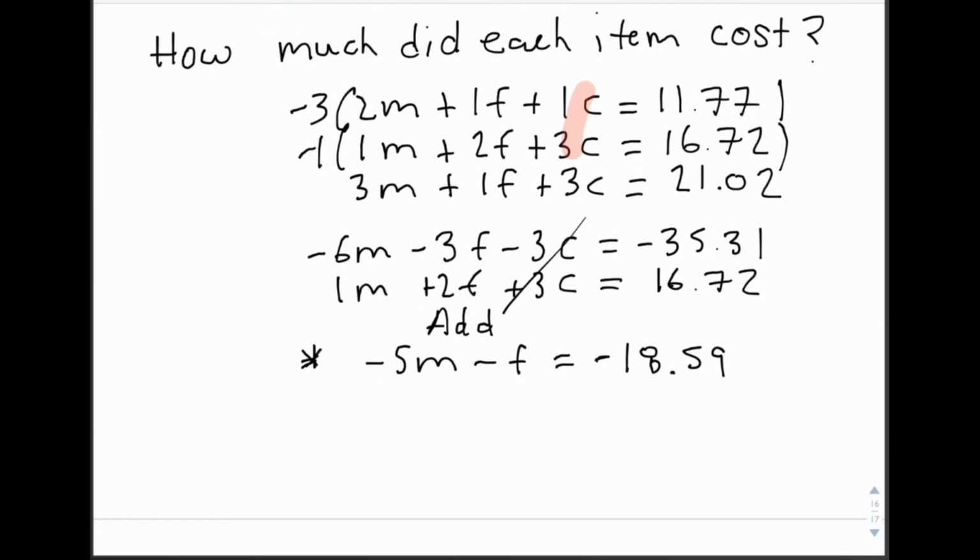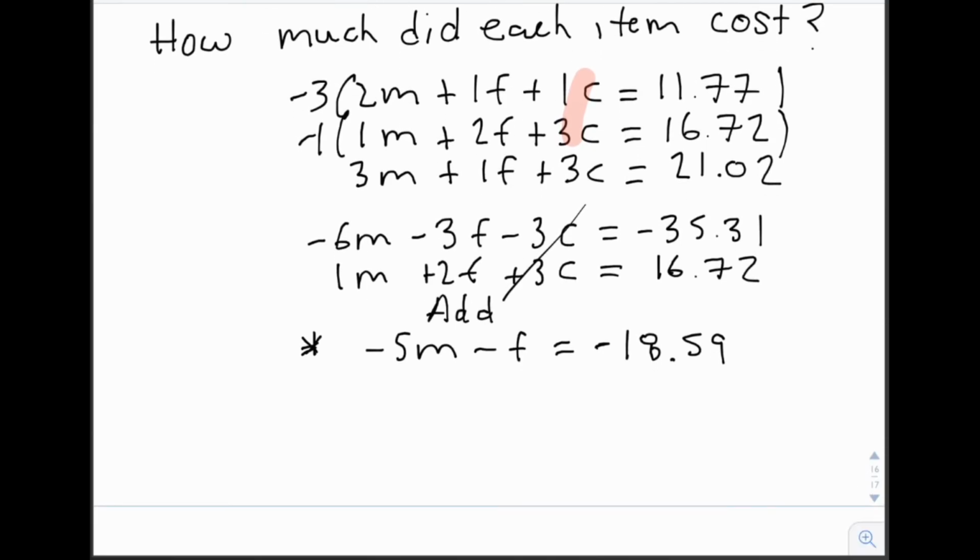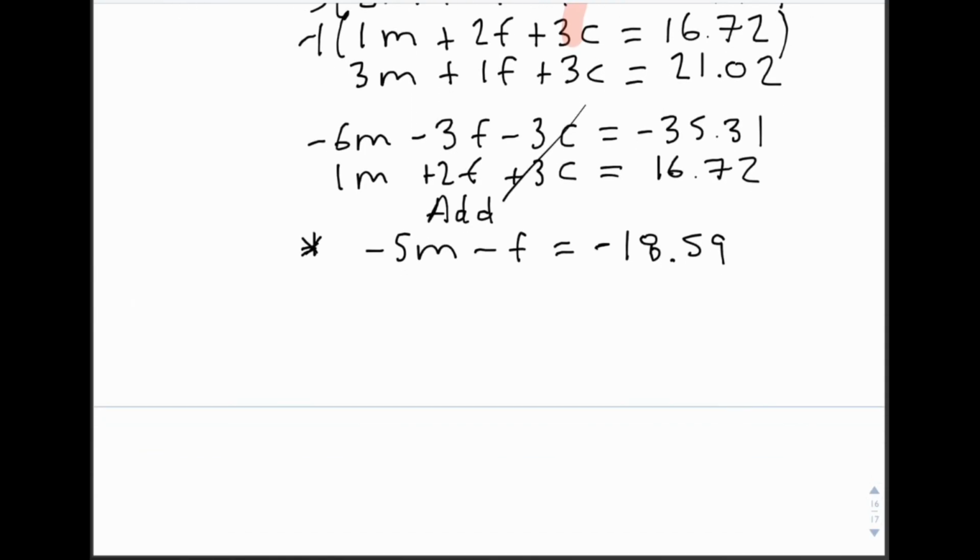So I'm going to star this equation for later. And let's move down. We want to eliminate the chips from the bottom 2. So this will get us -m minus 2f minus 3c, and that's going to be equal to -16.72.